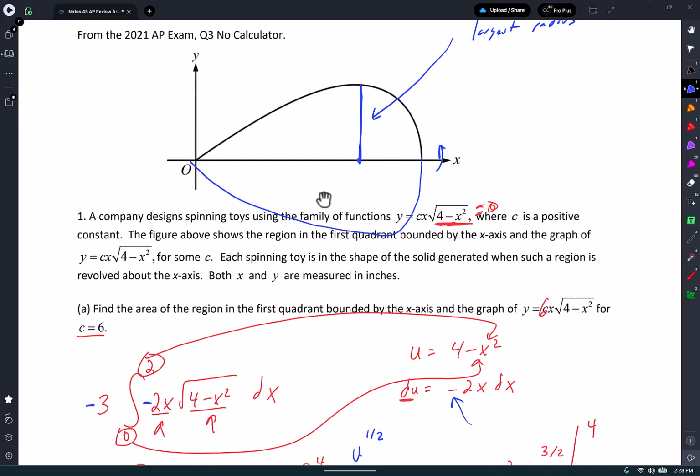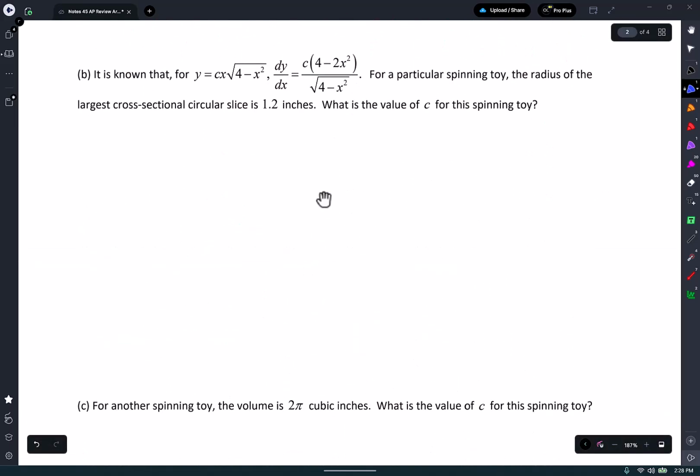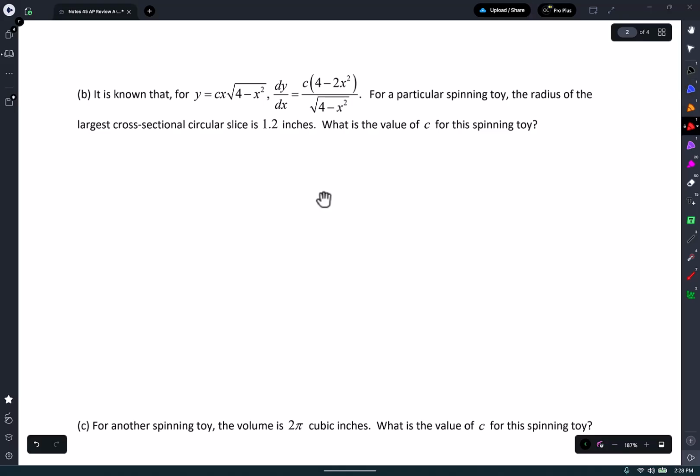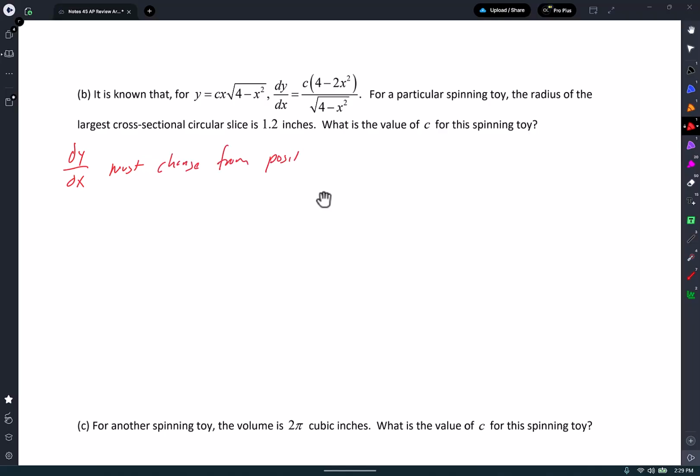Does that make sense? So I would probably write something like dy dx must change from positive to negative. You can probably get away with not writing this, comma, hence dy dx must equal 0.